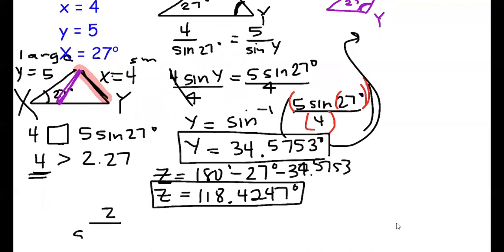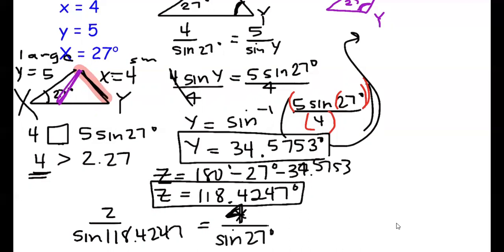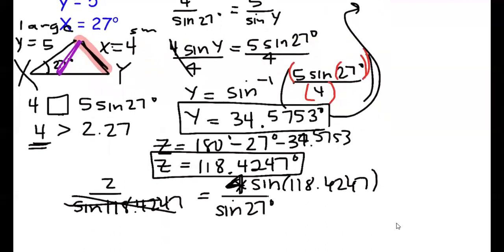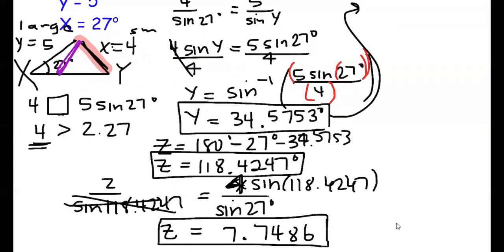So I'm going to do z over the sine of 118.4247 equals, I'm going to use my x's, so that's 4 over the sine of 27 degrees. And I'll cross multiply here and get the sine of 118.4247. That'll cross out with that. And I find that side little z is 7.7486. Okay, so that's one triangle.